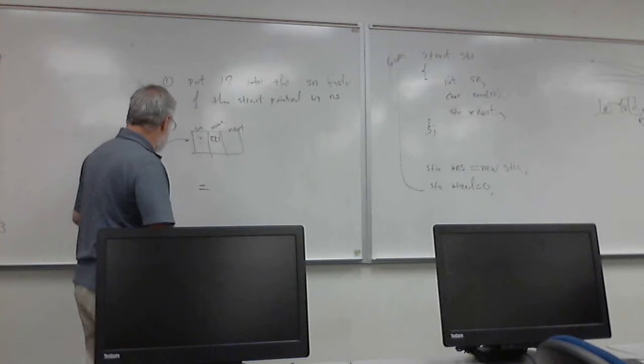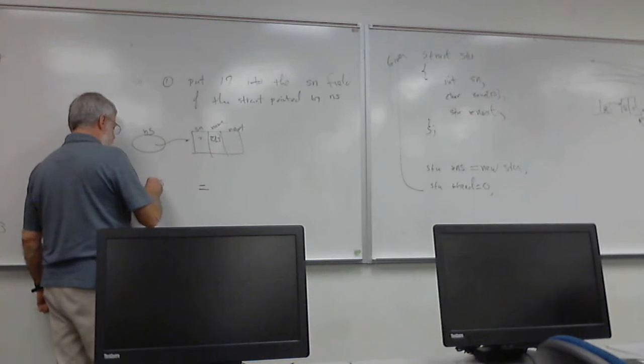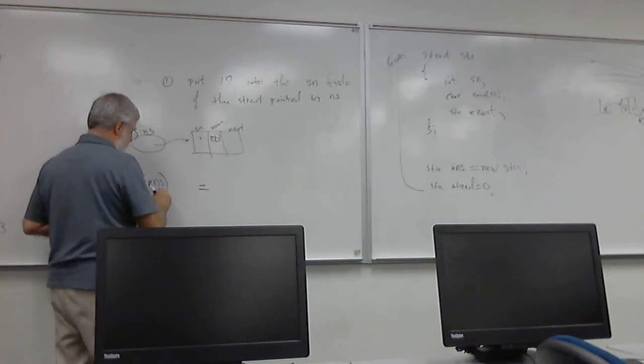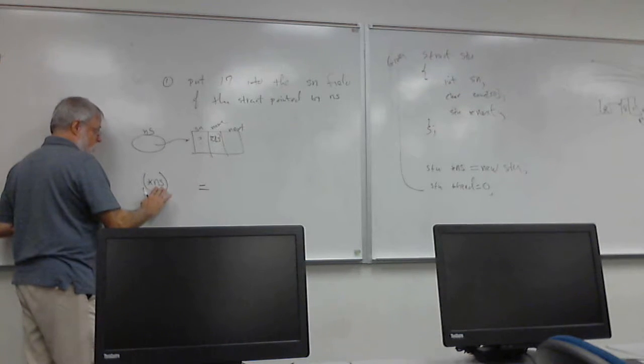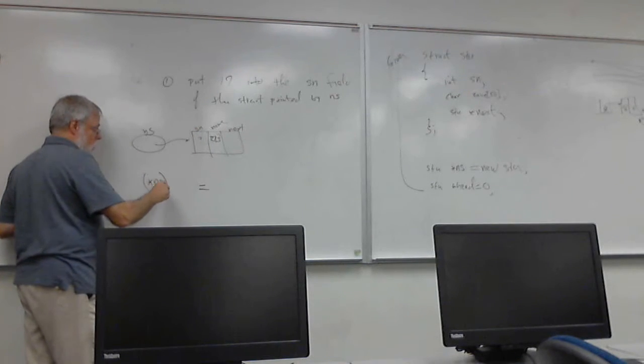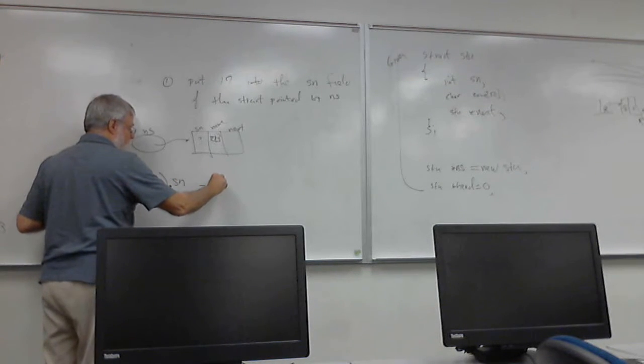So one possibility is we say NS, we dereference it. NS itself is a pointer. Asterisk NS is the struct. So NS is an address. Asterisk NS is the actual structure, and then which part do we want? We want the student number part.